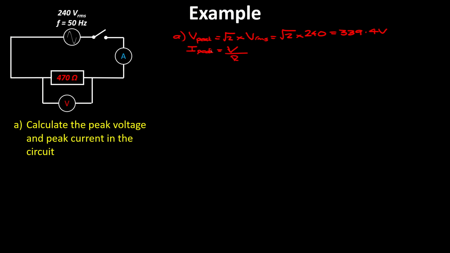If I'm finding the peak current, I want the peak voltage. So I could go 339.4 divided by 470, which is 0.772.